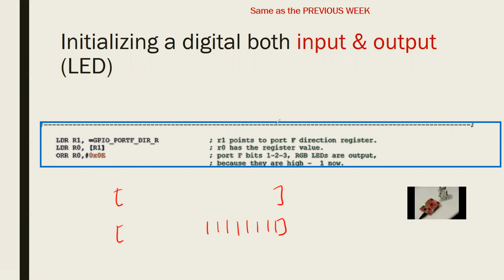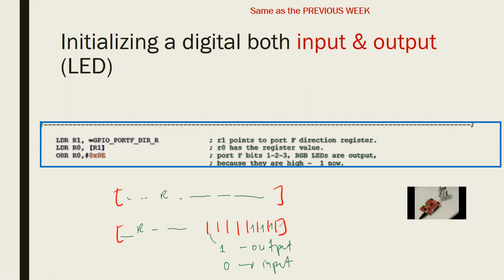These are reserved. And if these pins were 1, they were output. If these pins were 0, they were input. Since PF0 is connected to the LEDs, we want these pins to be 1.